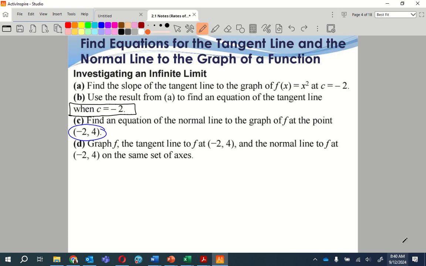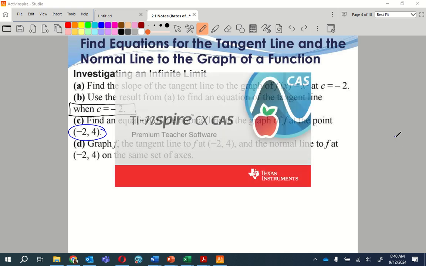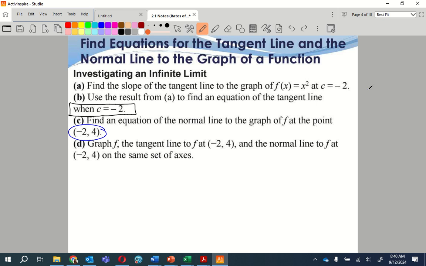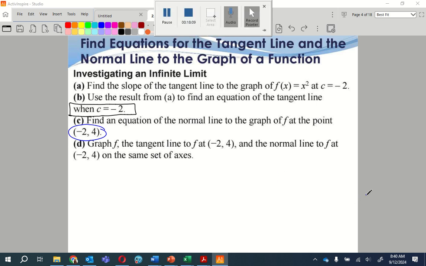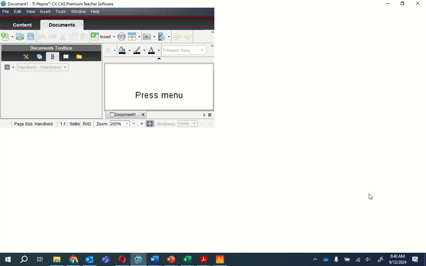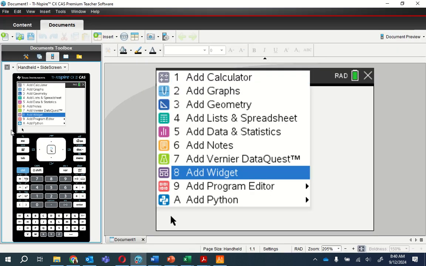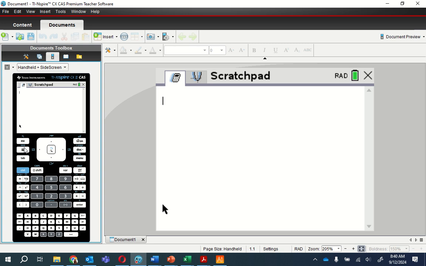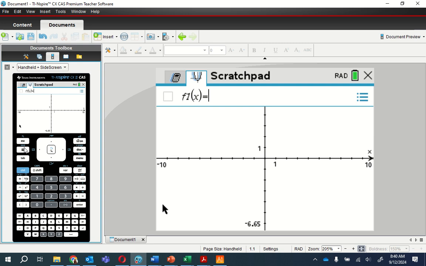Alright, I will pull up my calculator. My first function was x squared, right?